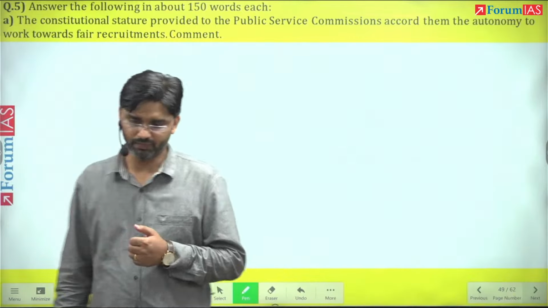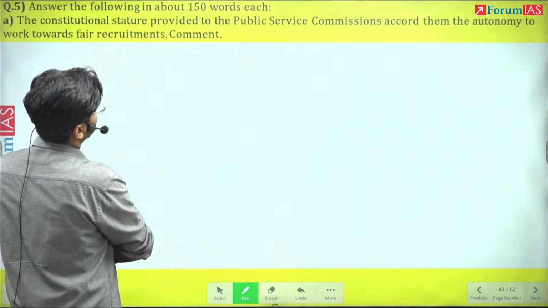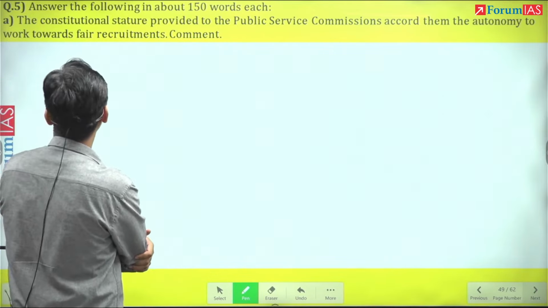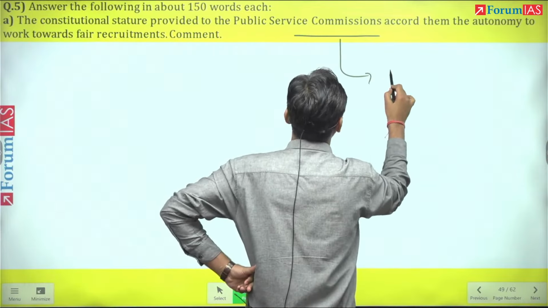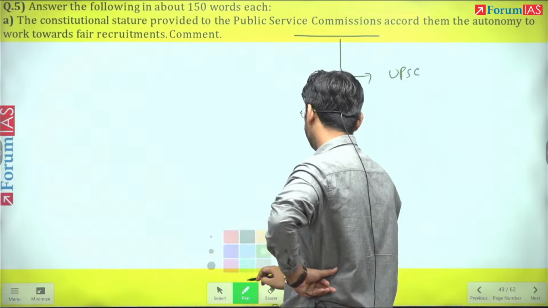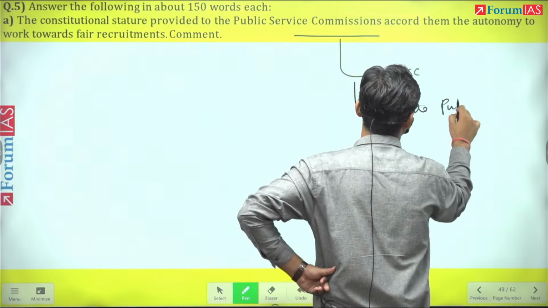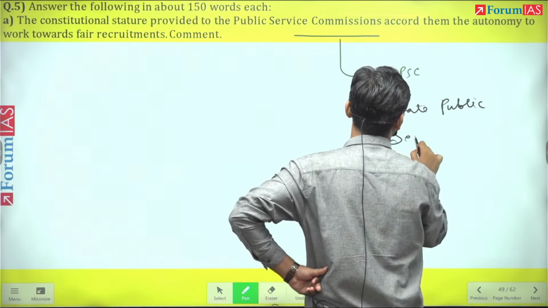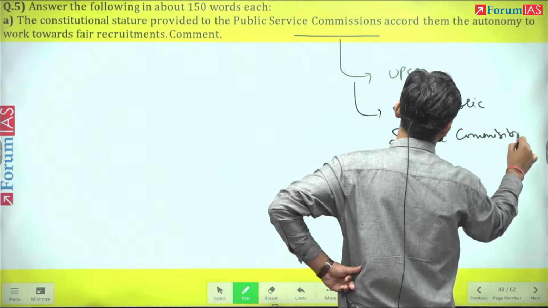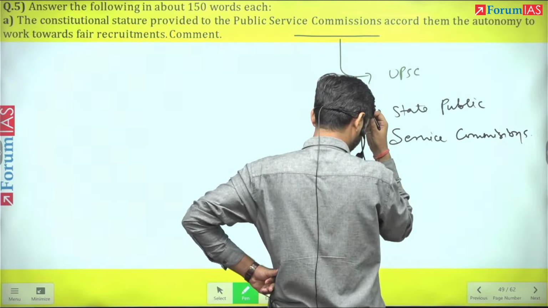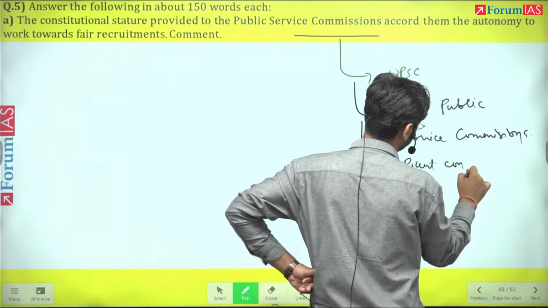Question number 5. The constitutional stature provided to public service commissions accords them the autonomy to work towards a fair recruitment process. So obviously UPSC, but also argue about state public service commissions. Write in the context of recent controversies.